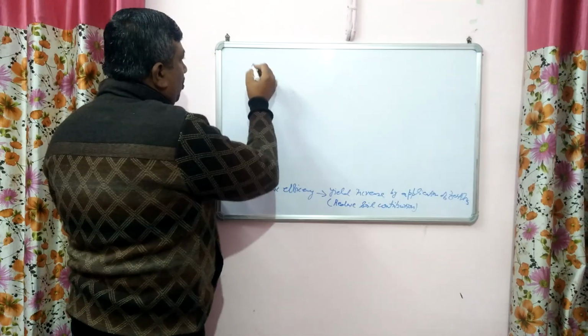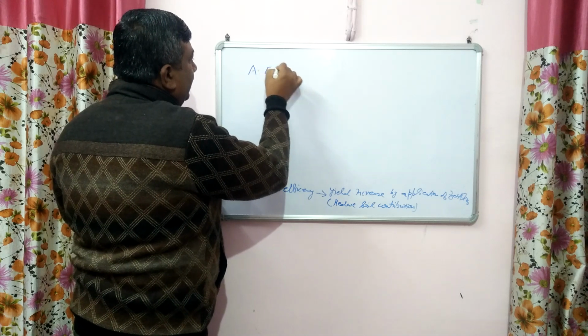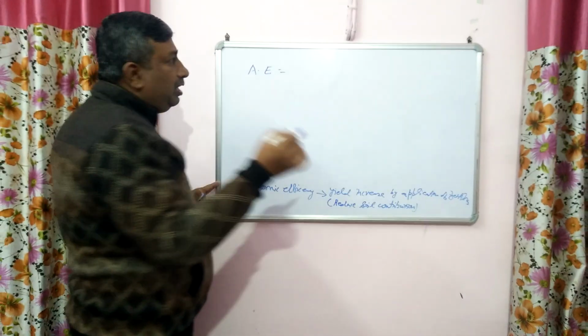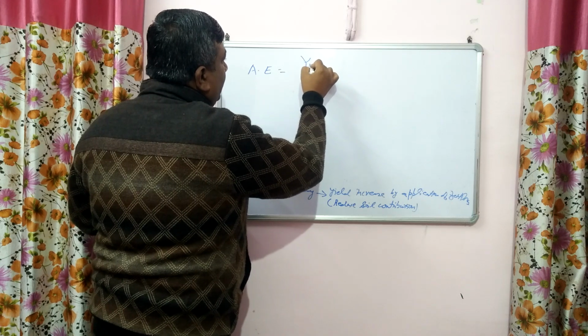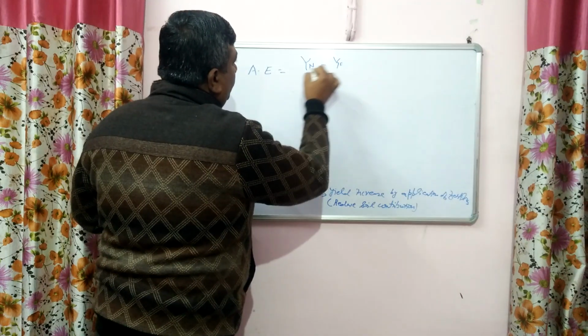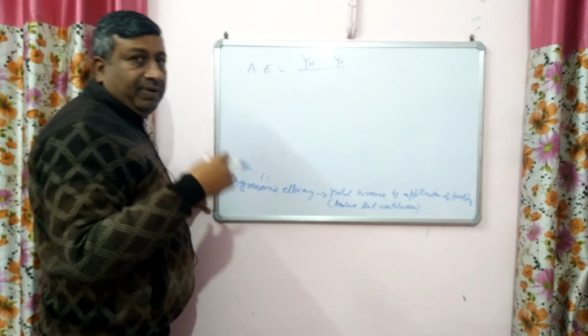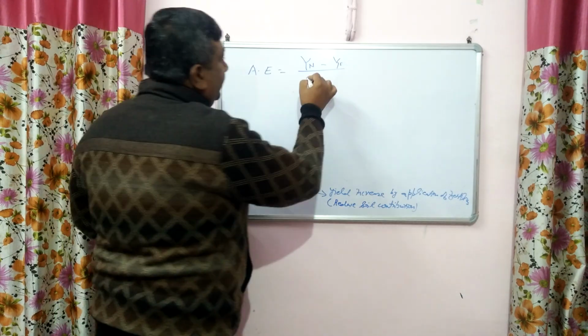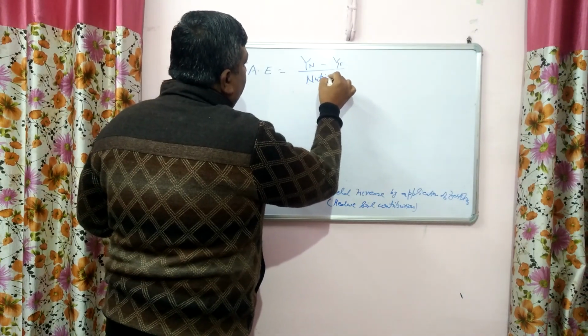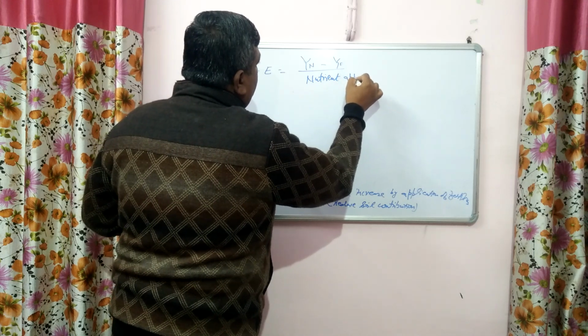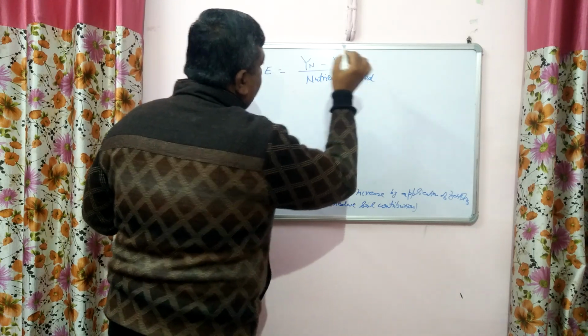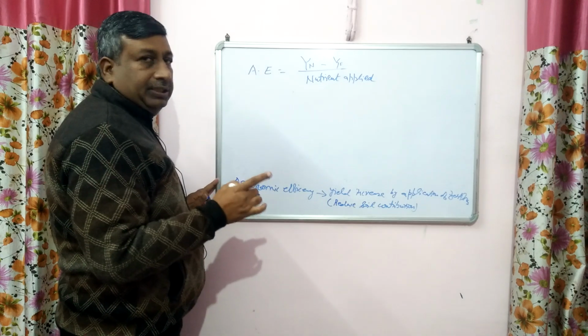Okay, so agronomic efficiency AE is equal to yield increase only by fertilizer. It means YN minus Y0 divided by how much fertilizer is applied, nutrient applied. This is agronomic efficiency.